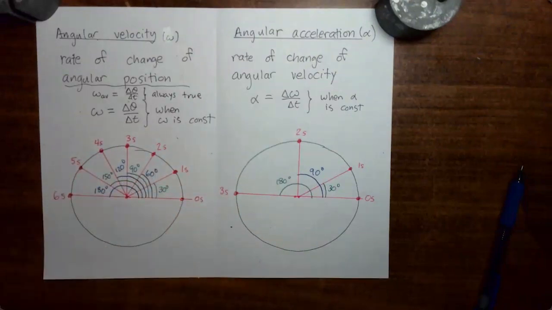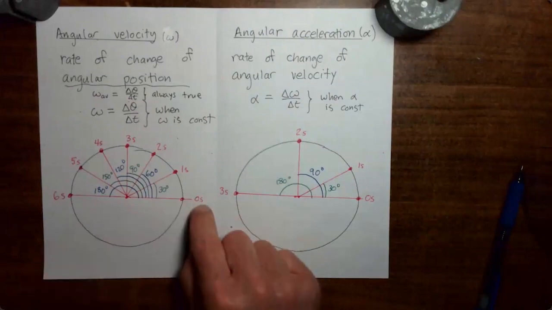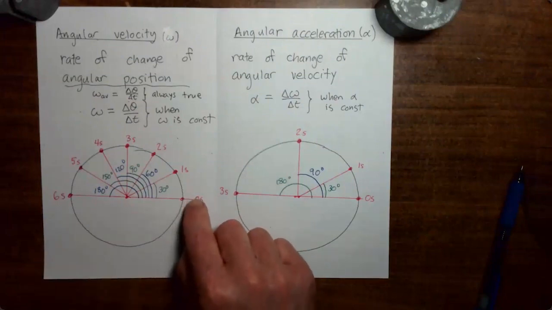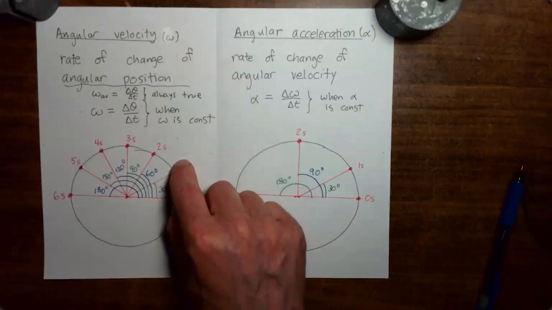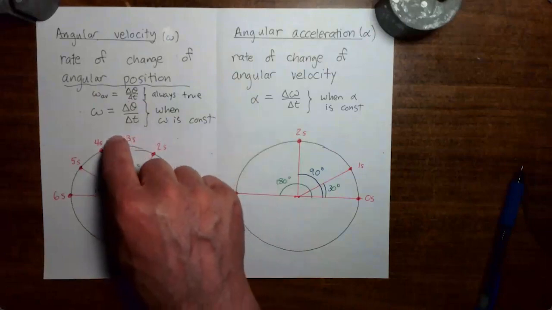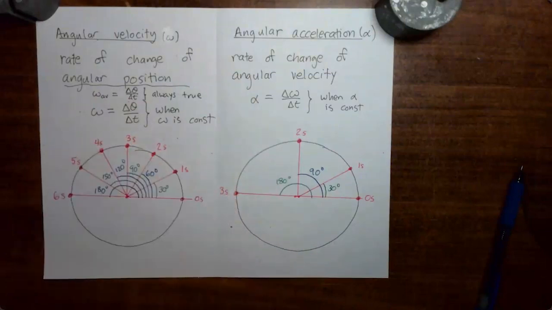In that motion, did my finger have a constant angular velocity? An object has a constant angular velocity when the angular position changes by equal amounts in equal time intervals. In that motion, my finger moved through 30 degrees along the circle for every 1 second time interval.